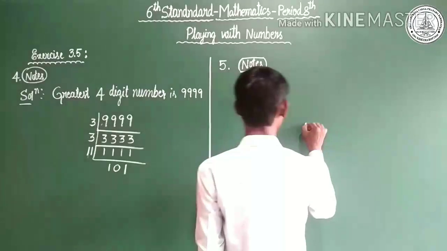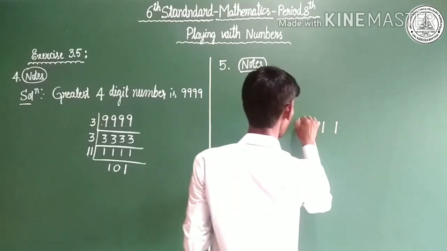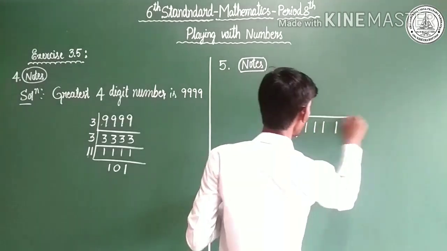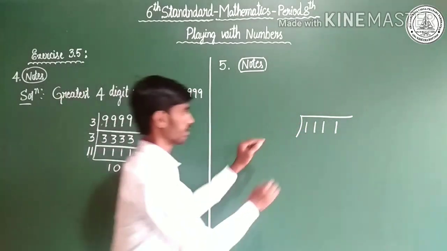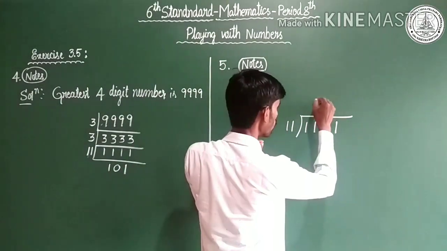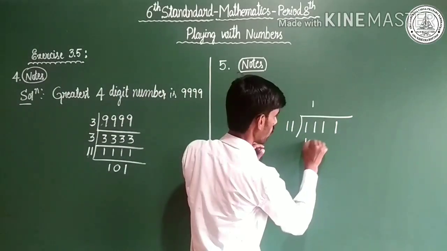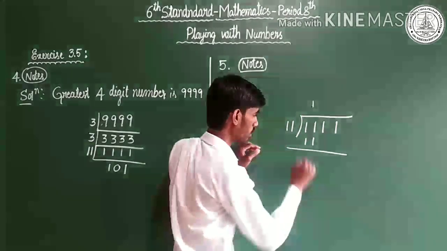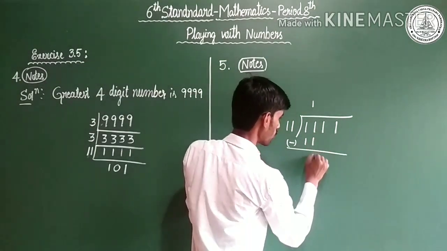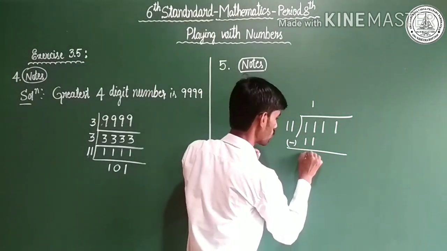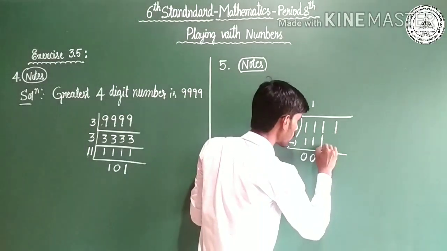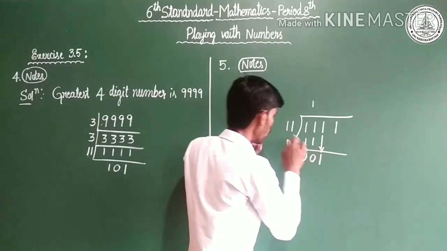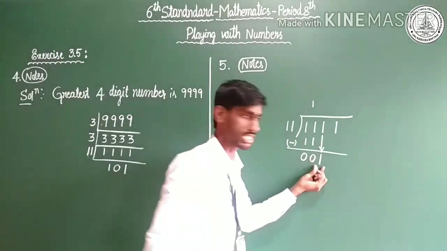Observe here, long division method. 11 ones are 11. Draw a line. Subtraction: 1 minus 1 is equal to 0. Bring down the next digit, that is 1. In the table of 11, is 1 possible?